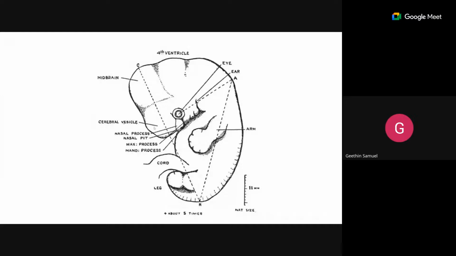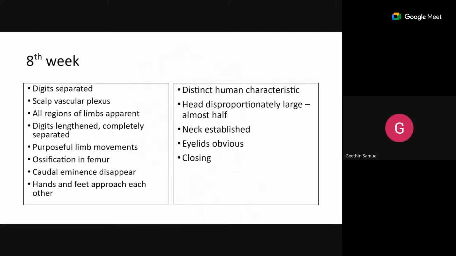Here you can see the development of the face, with the different processes that develop into the face. You can see the lower jaw forming, the eye, the ear. Now, there is much more development in the 8th week.